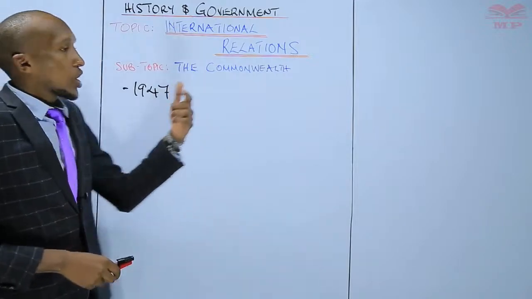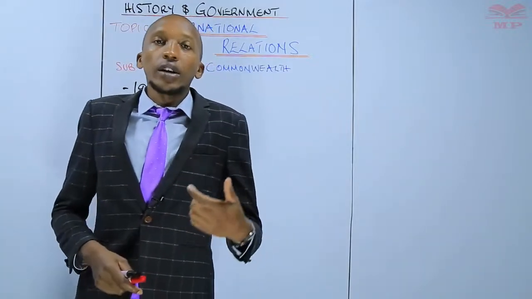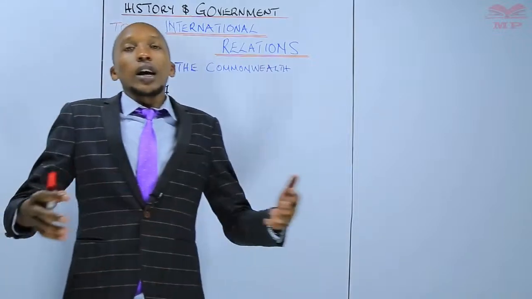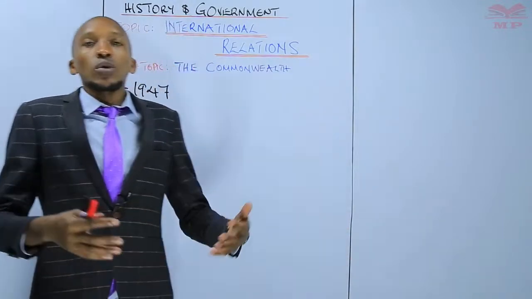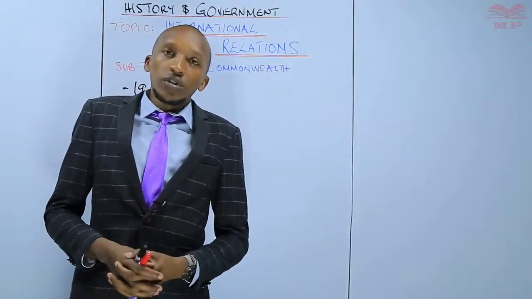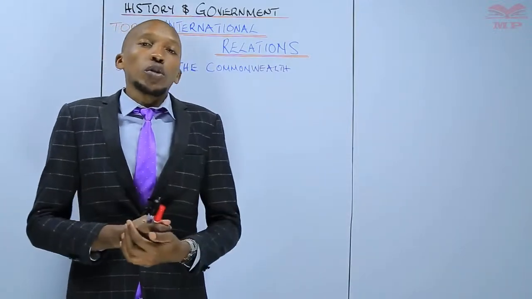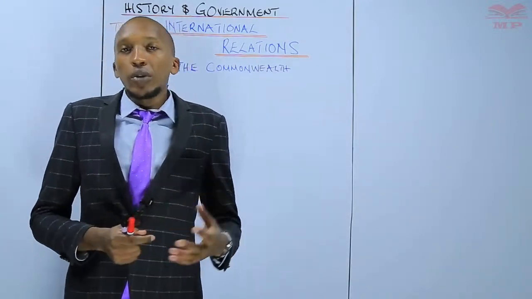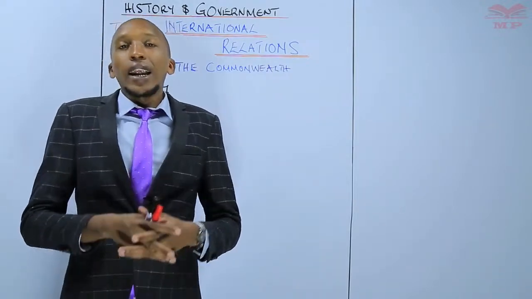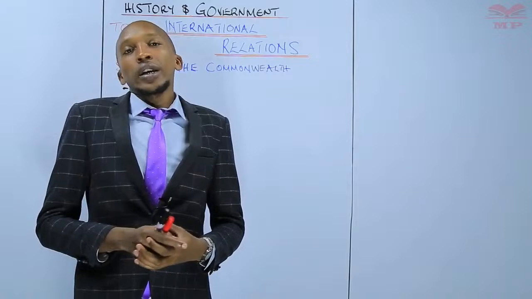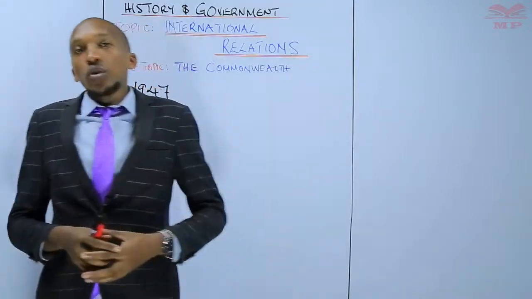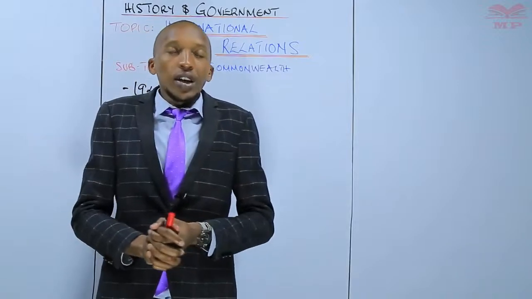So after India got her independence as a state, there was need for the British, together with the other dominions that had become autonomous before. Remember, we talked about the Statute of Westminster that allowed dominions within the British Empire to have their own autonomy as a dominion.